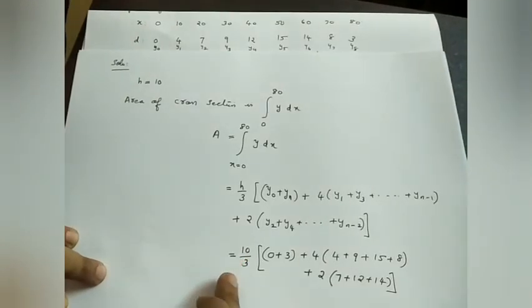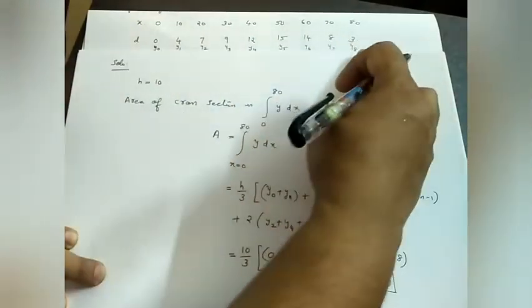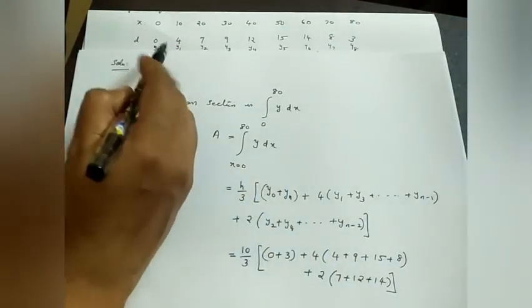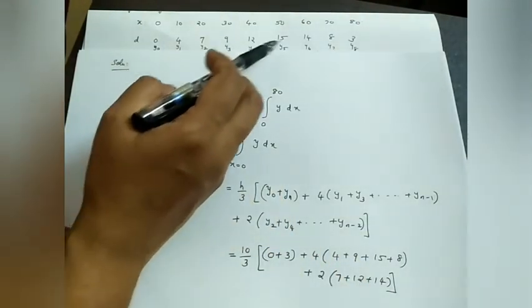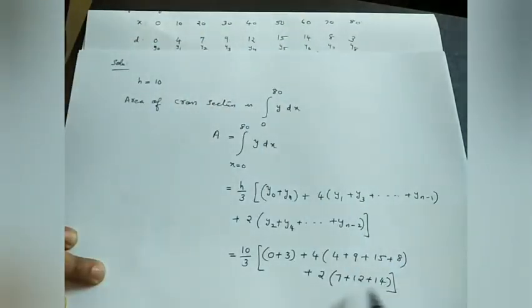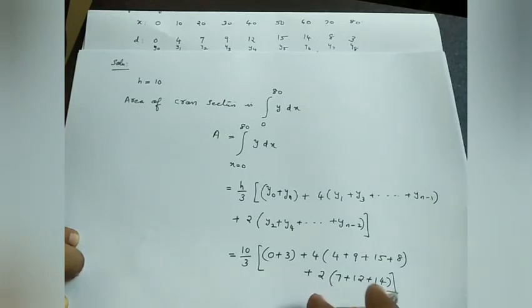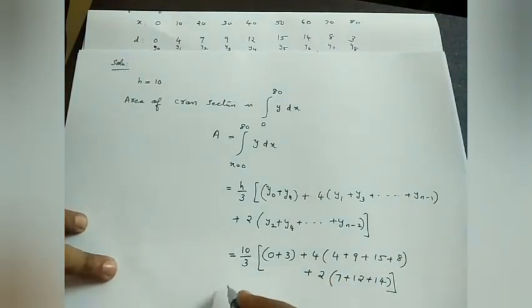It is equal to h, which is 10, by 3 into y0 plus the last value y8, that is 0 plus 3, plus 4 into y1 plus y3 plus y5 plus y7, that is 4 plus 9 plus 15 plus 8, then plus 2 into y2 plus y4 plus etc., that is 7 plus 12 plus 14. After calculation, this is approximately equal to 710 square meter, because we are finding the area.